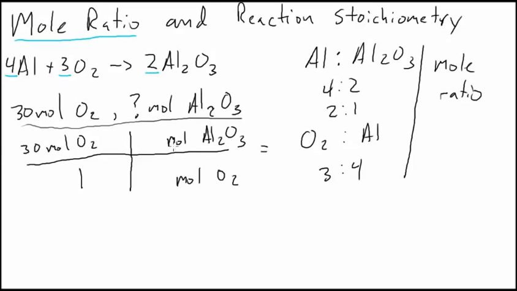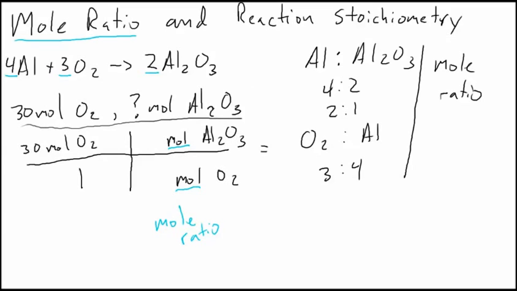Now, if you look at this, you'll see that you've got moles over moles. What you have here is the amount of moles of one of these substances in this reaction compared to moles of one of the other substances in the reaction. And this is where the mole ratio we just talked about comes in. So we need the mole ratio between aluminum oxide and oxygen.